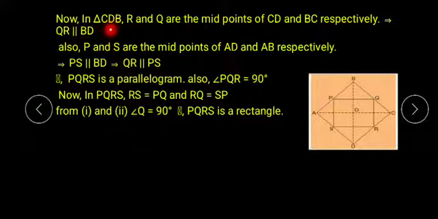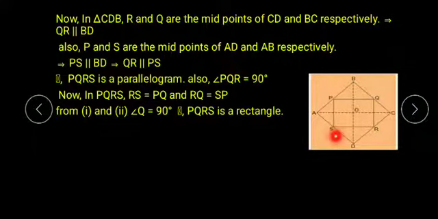Now in triangle CDB, this big triangle, Q and R are midpoints of BC and CD. So QR is equal to half of BD and QR is parallel to BD. Similarly, the same holds here also. In this triangle ABD, P and S are midpoints of AB and AD.